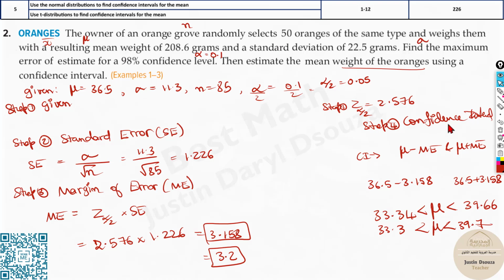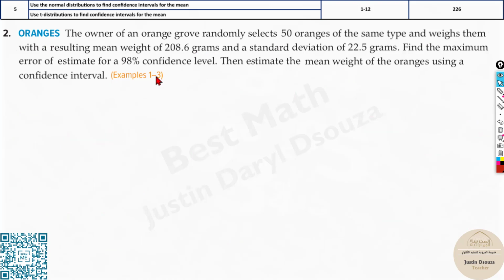So this is the normal distribution method. Let me just do this problem because over here the confidence level is different. And anyway, it'll be a practice. So for step one, I'll not write it as step one. I'll just write it as given. So given from the question, n equals 50. The mean is equal to 208.6.